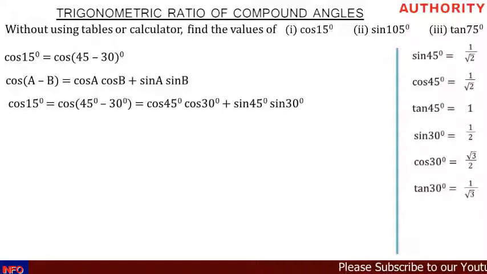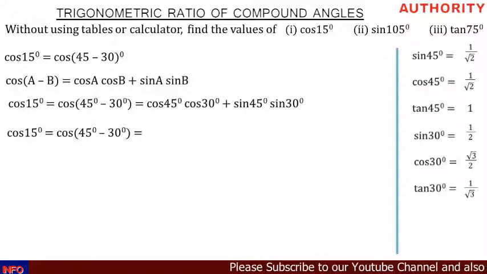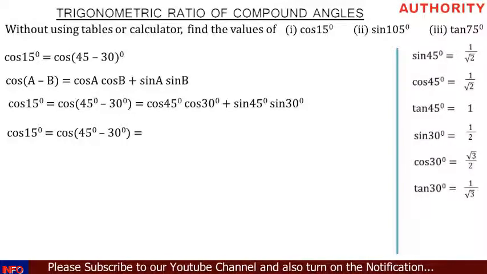Now let's fix them. We're going to say that cos 15 degrees is equal to cos(45° − 30°), which is equal to cos 45° cos 30° plus sin 45° sin 30°.